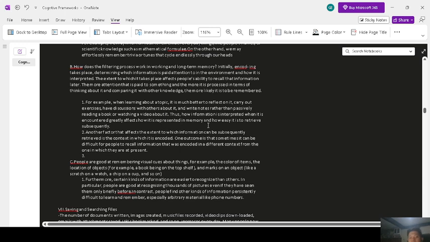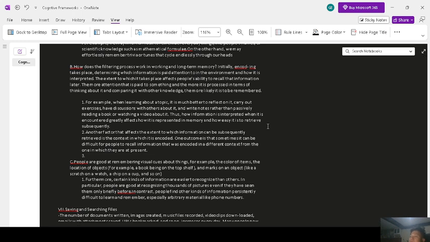Thus, how information is interpreted when it is encountered greatly affects how it is represented in memory and how easy it is to retrieve subsequently. Like I've said, the more we reiterate and explain, the more we absorb and make this knowledge our own. What I would personally find best when it comes to learning is teaching it like this and taking notes.